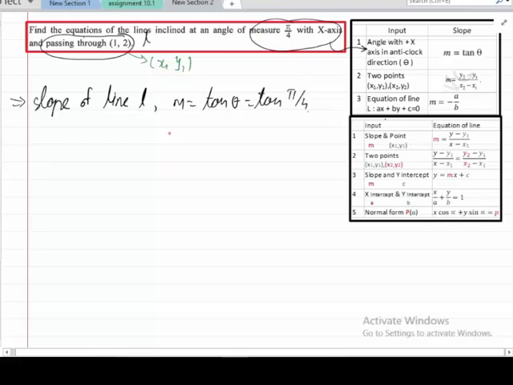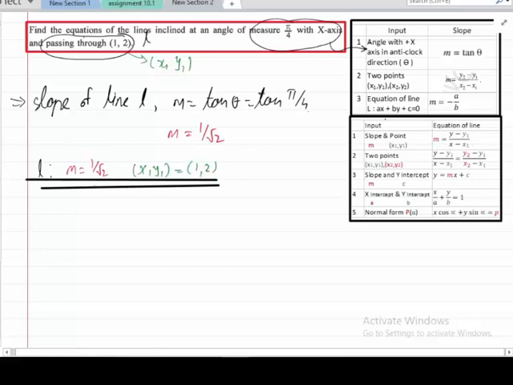So finally we get m is equal to 1 by root 2, right? Now it's time to collect the data for line L. It has slope of 1 by root 2 and it is passing through (1, 2).